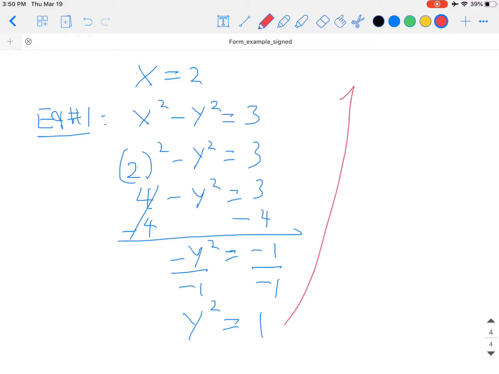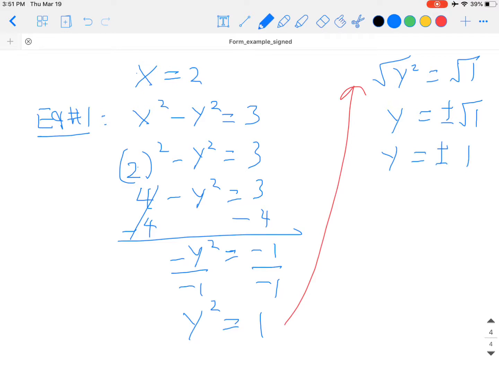Let me extend this, and solve the rest of them here. To solve this, square root both sides. And the square root of y squared is y. What I have on the right side, we make sure it's positive and negative 1, and the square root of 1 is 1. So it's positive or negative 1.